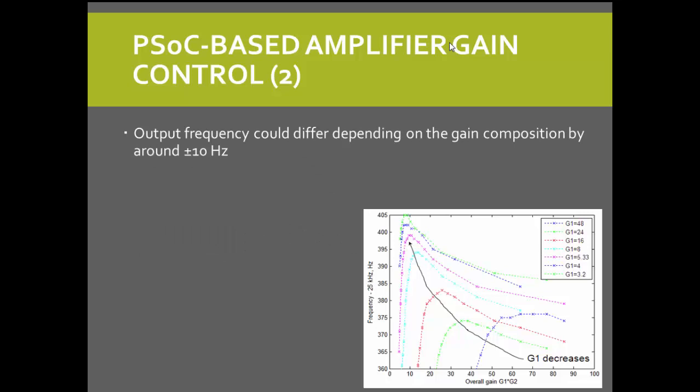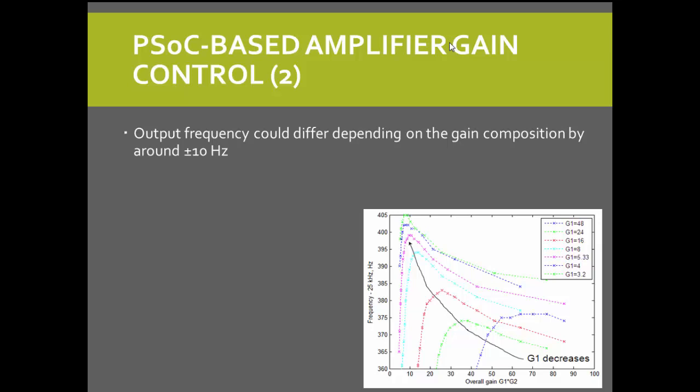This picture is one of the figures in our paper that shows the frequency value of ultrasonic transducers versus the gain component of two cascaded PGAs. We fixed the first value of the amplifier, and varied the other one.